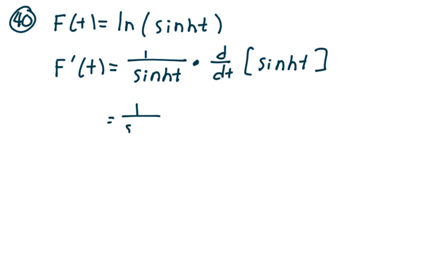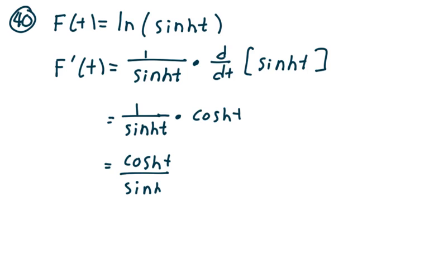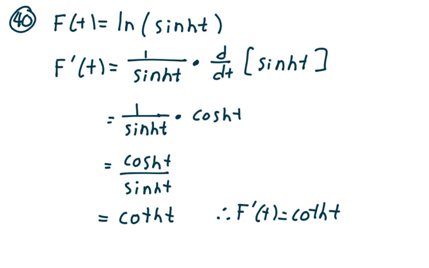And so this is 1 over sinh t times cosh t, right? And so this is cosh t divided by sinh t, which is hyperbolic cotangent t. And so therefore, f prime of t is hyperbolic cotangent t. And that's problem number 40.